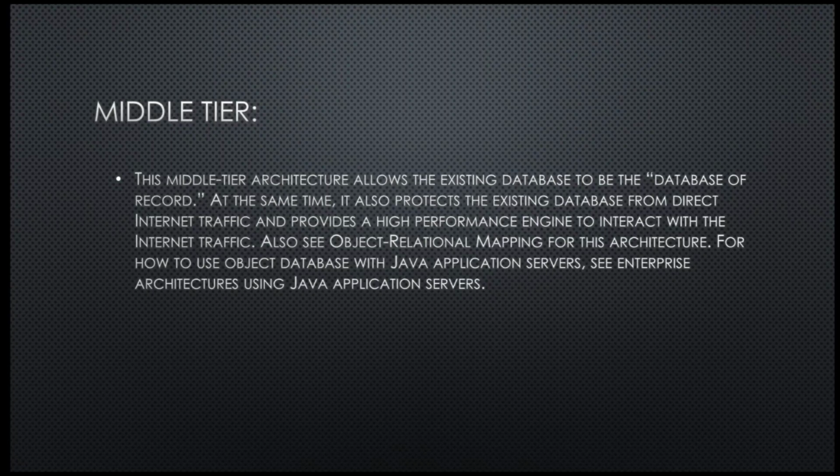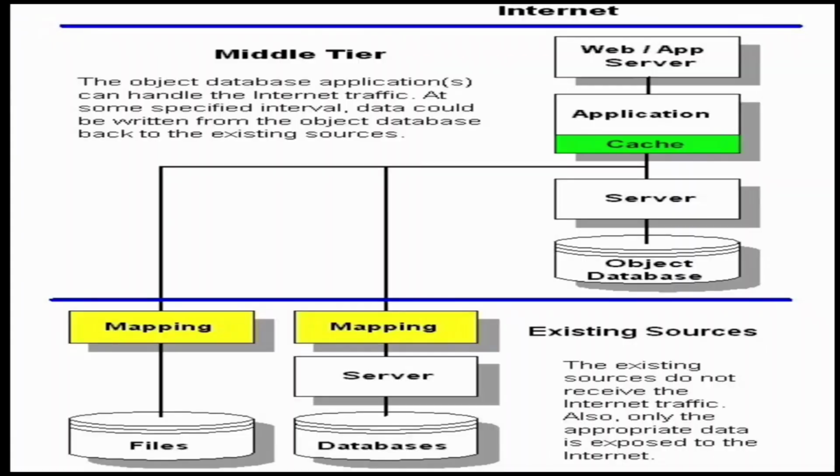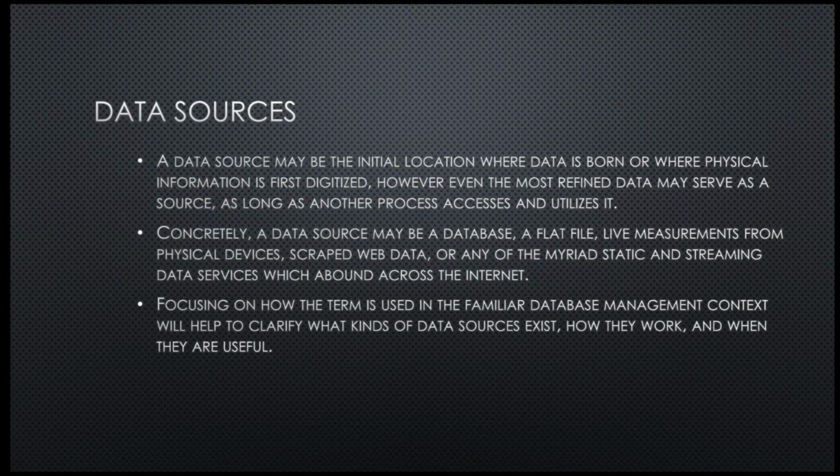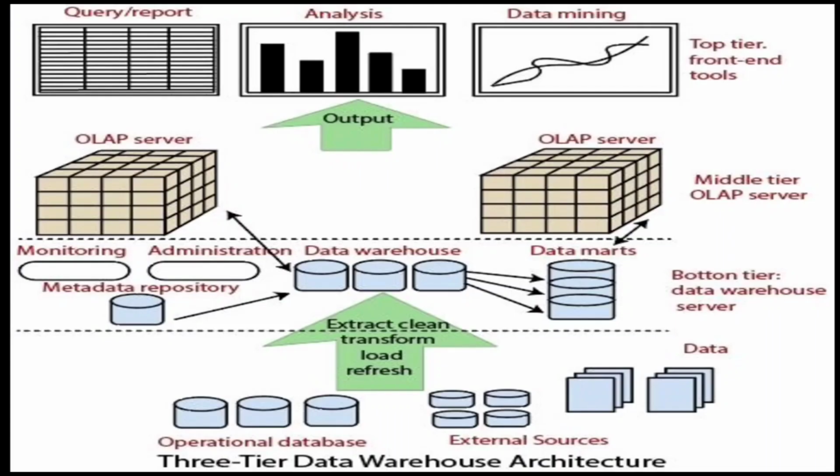Also see object relational mapping for this architecture. We discussed object relational mapping in the three tier architecture diagram at first, so let's go to the diagram.